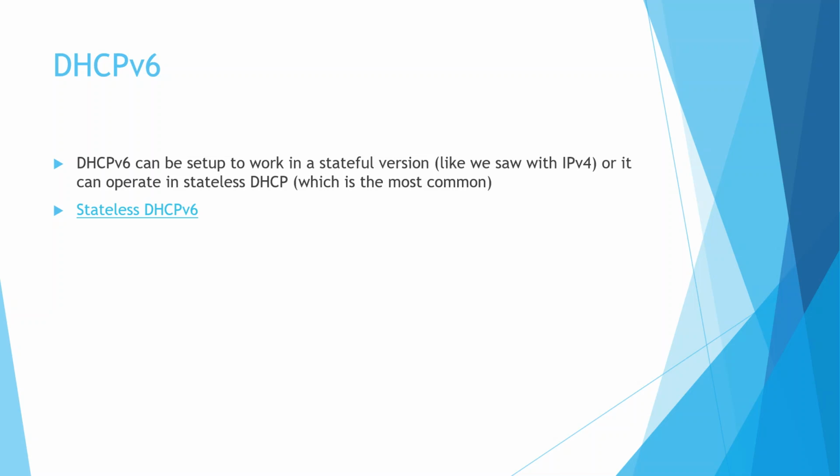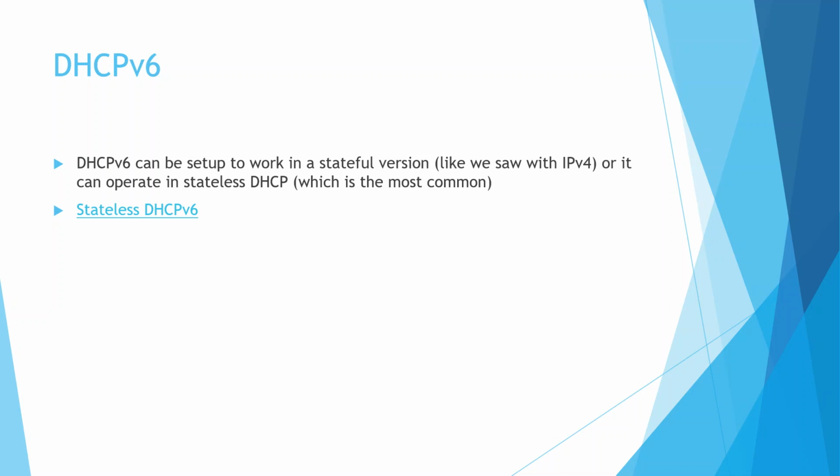So typically, if there is going to be DHCP v6, it's going to operate in the stateless version, and the stateless version is basically going to serve out options. The options that we talked about for where to go for configurations, some of the different pieces of information that it can't automatically get from IPv6. That's what DHCP v6 is going to be able to dish out.